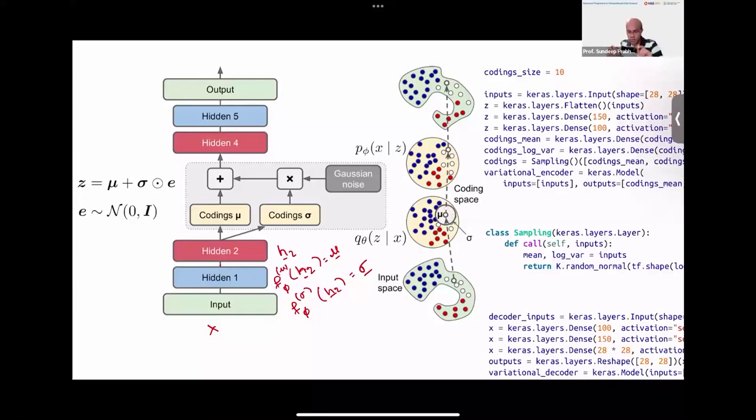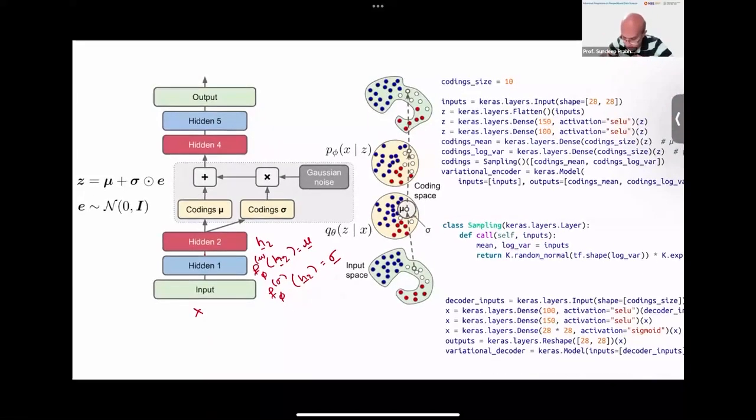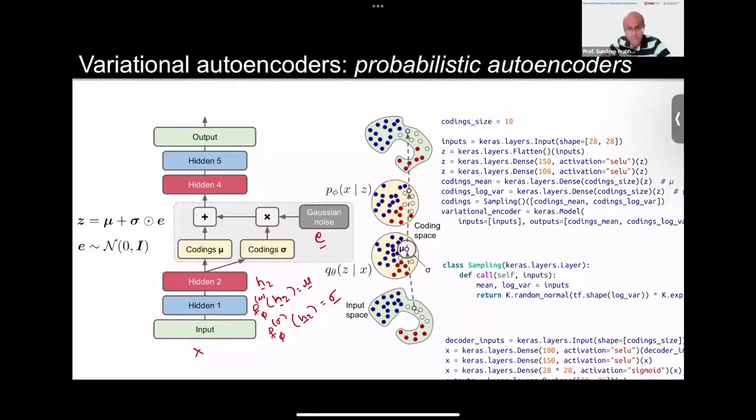Now, we have a standard normal distribution. This is this E vector. This E vector is basically linearly transformed to the Z vector. If E is, say, zero mean and covariance identity, if I multiply this with sigma and add mu, Z will be Gaussian distributed with mean mu and covariance sigma.